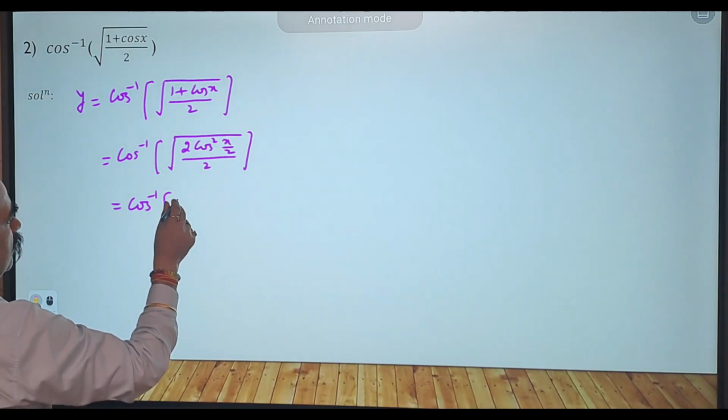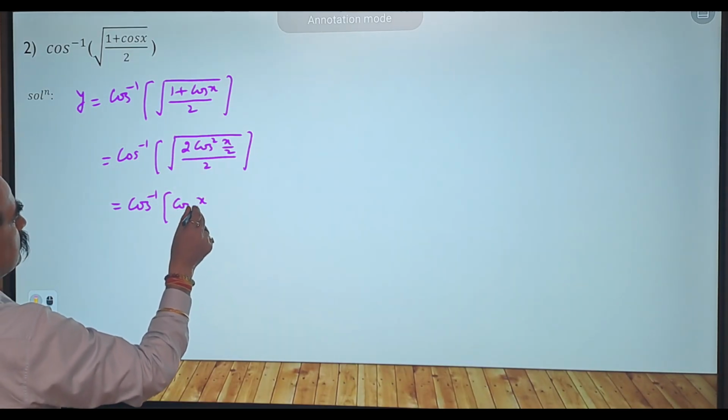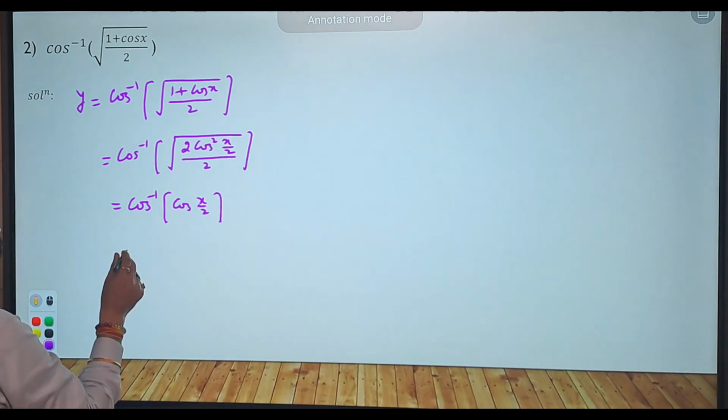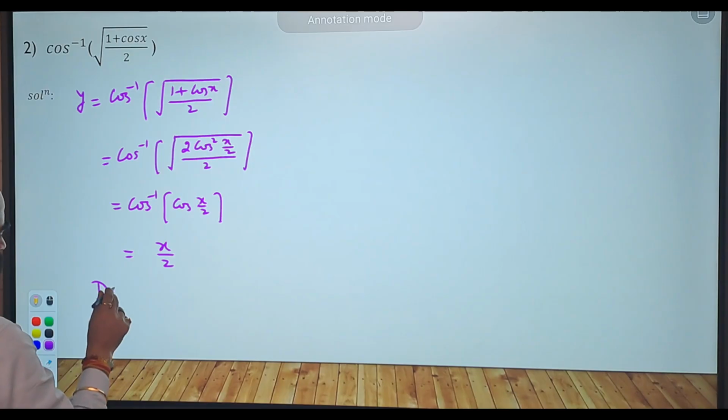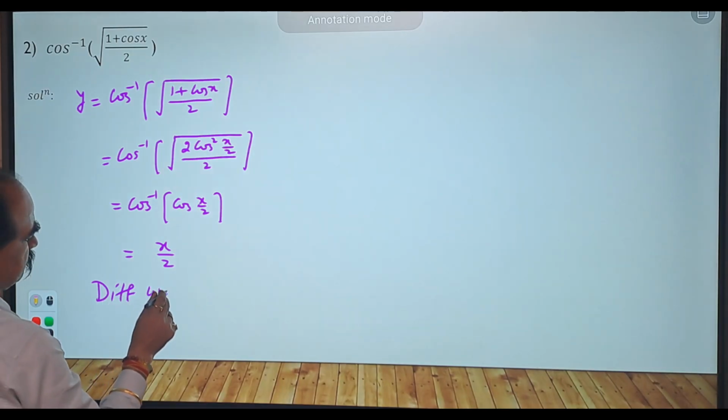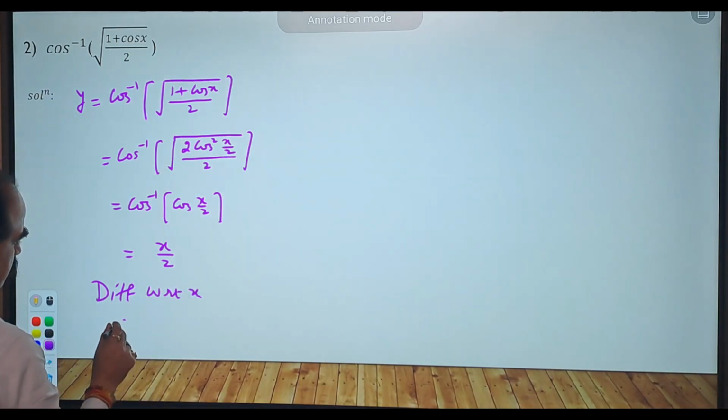Root will give you what? Cos x by 2. Cos inverse cos will get cancelled, get x by 2. Differentiating with respect to x.